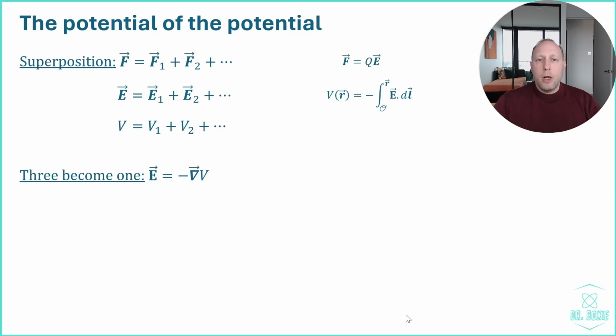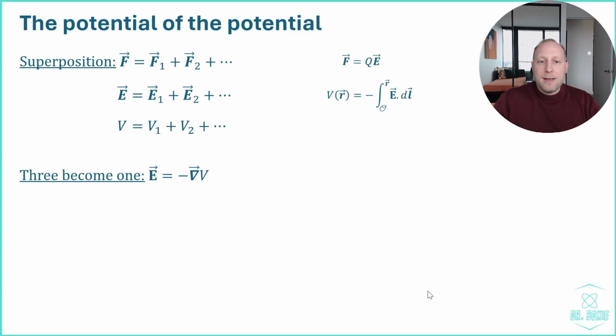So somehow, all the information that is contained in three functions, Ex, Ey, and Ez, is summarized in one single function, V. How can that be?